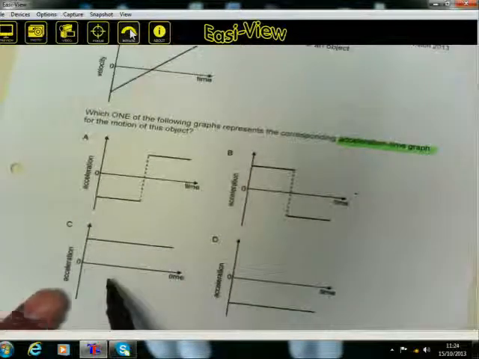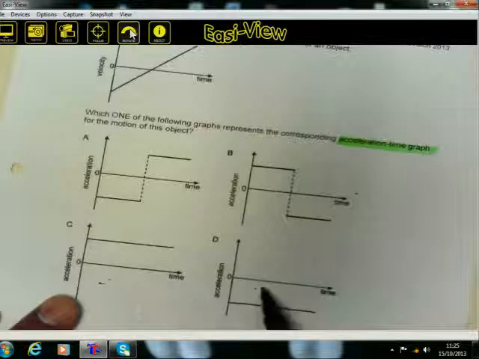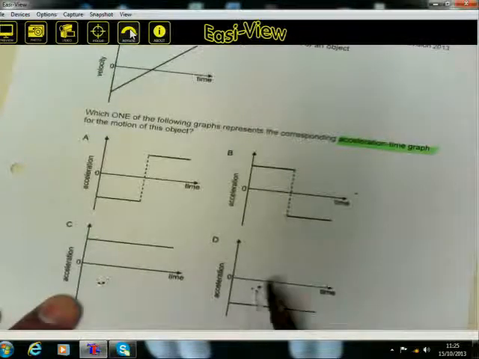For this graph, the slope is positive, the acceleration is constant, and it is positive because the slope of a straight line is positive. Therefore, we look at the possible answers as this one, this 2.